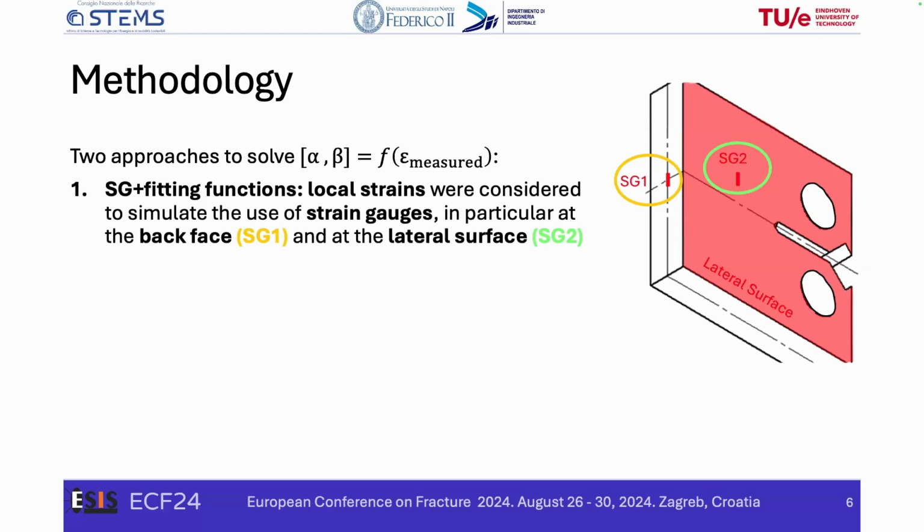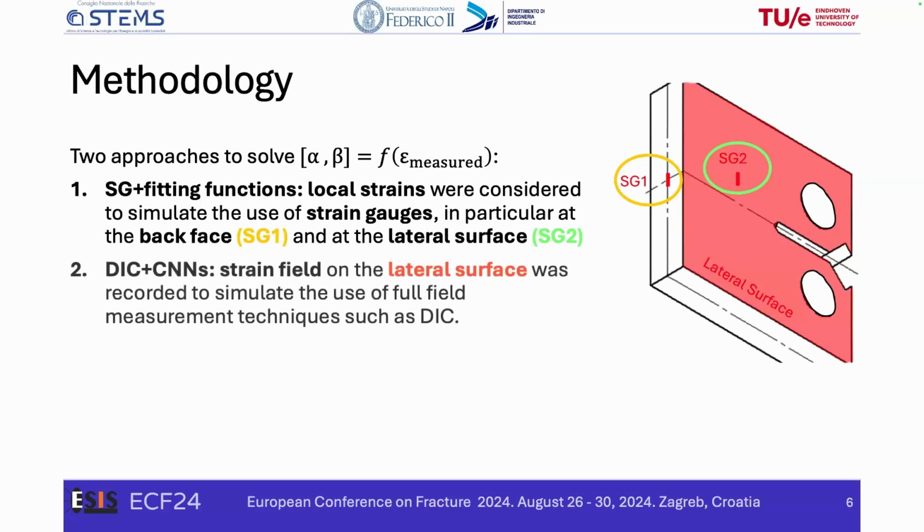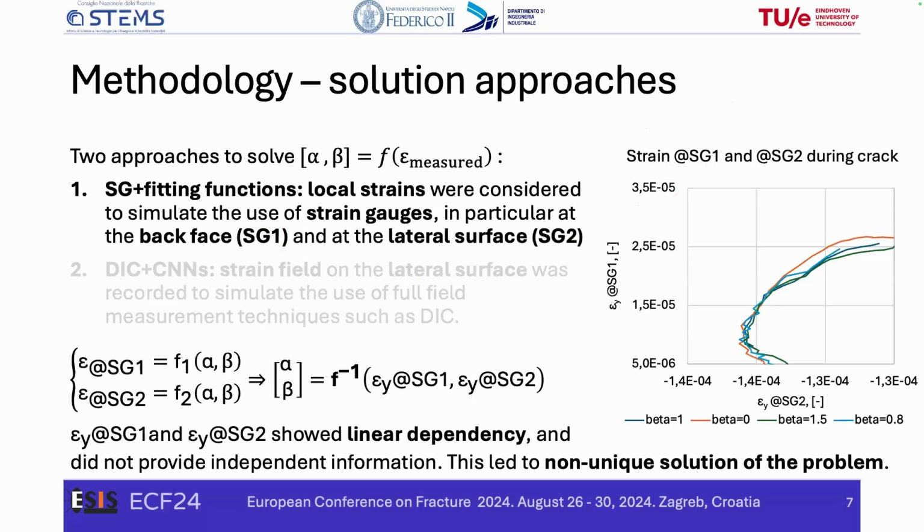One is based on local measurement, which can be taken with strain gauges, and the results are fitted with functions. And the other is based on full field strain measurement with techniques such as the DIC, the digital image correlation, and the measurements are processed with convolutional neural networks.